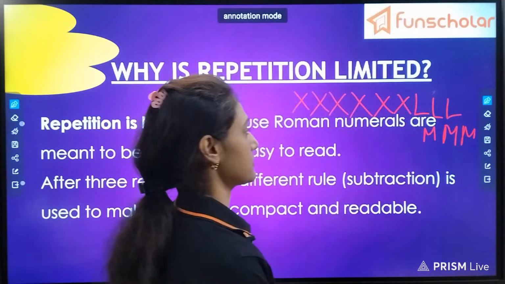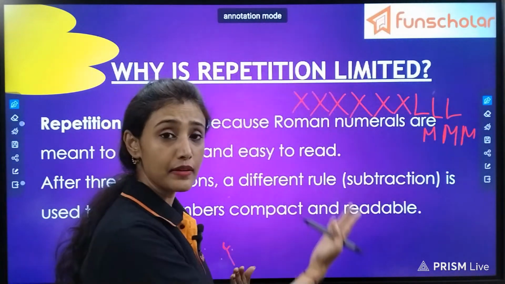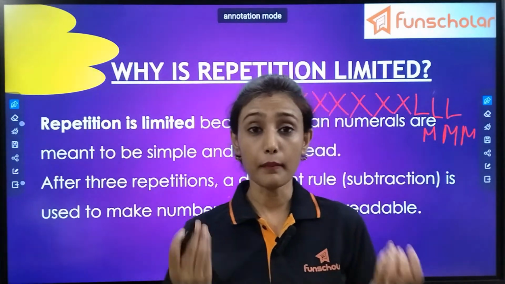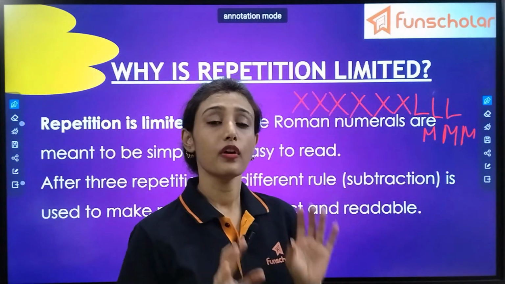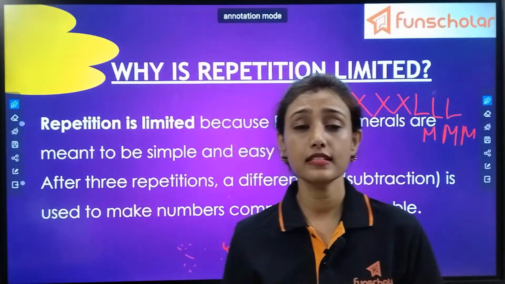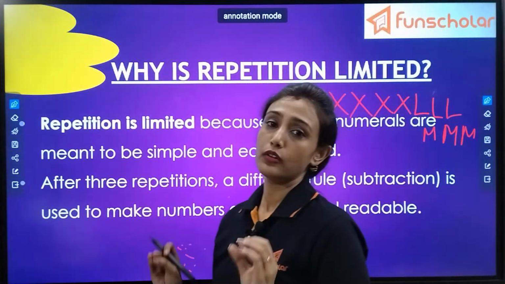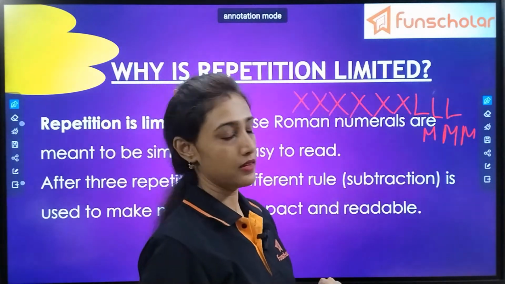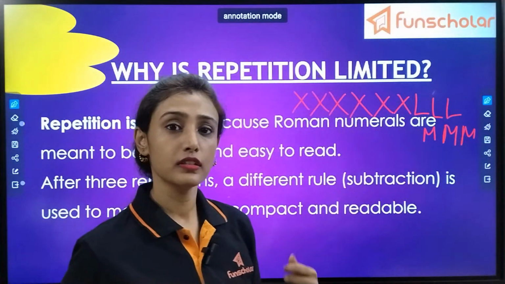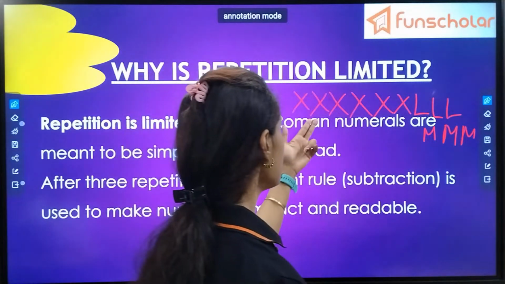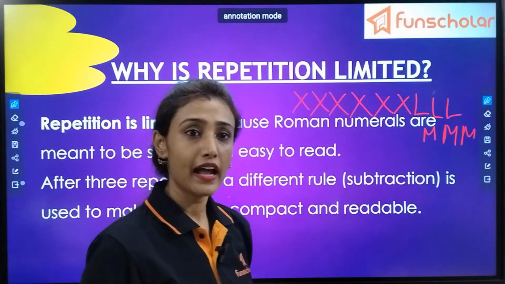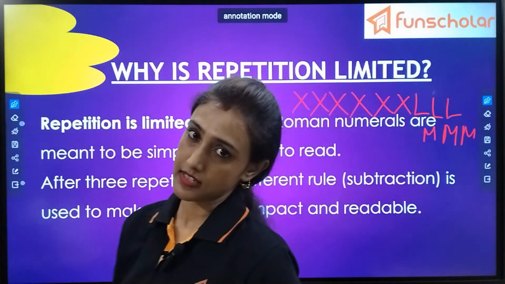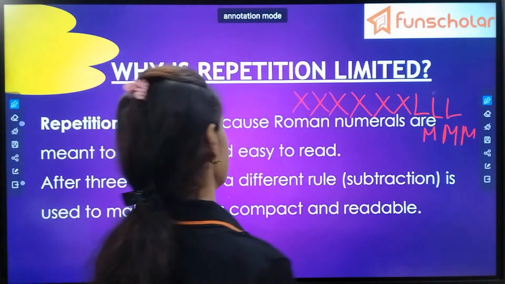No, they cannot. And at that time technology and things were not that complex. So for simple calculations and simple daily counting, Roman numerals were basically invented by the Roman people. That's why they put limits on the repetition so that people can easily decode and understand. Good.